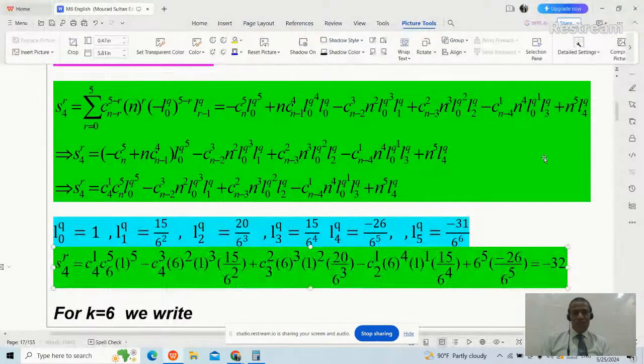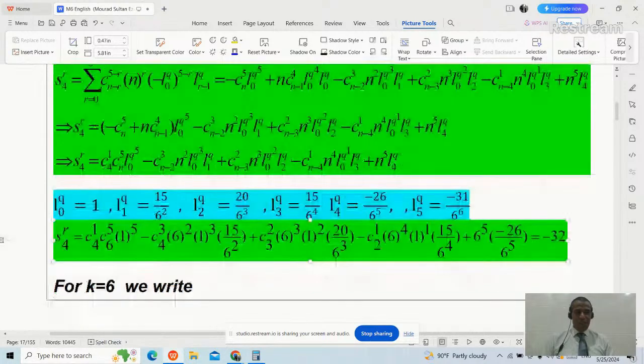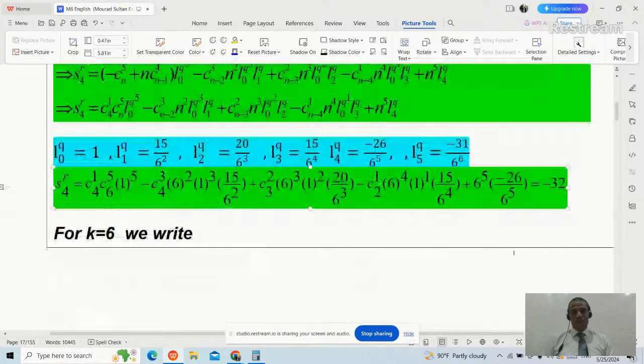You see, learners, when you are online, the artificial intelligence can change something for you, but I'm very intelligent, more than the AI. Therefore, we obtain negative 32.